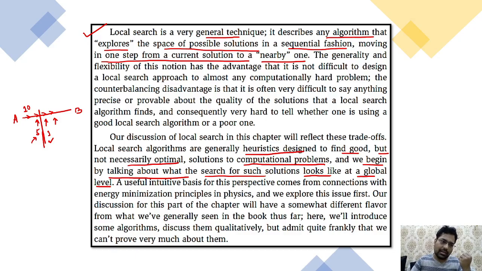The meaning is that once we start, we stick somewhere, suppose at 5. This is our local search. Among these solutions we have values, and we know the value 1 here is the minimum of all the values we found, but we stopped at 5. This is what local search means.